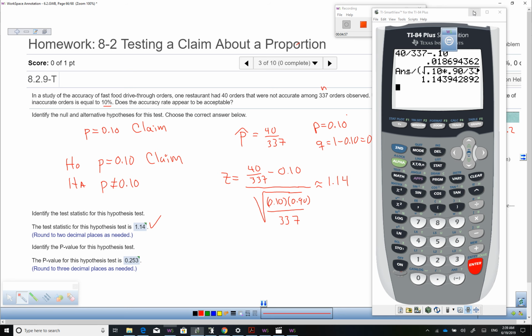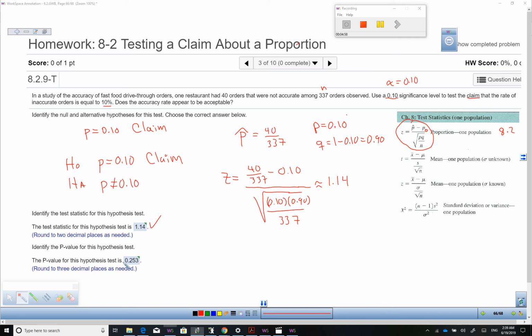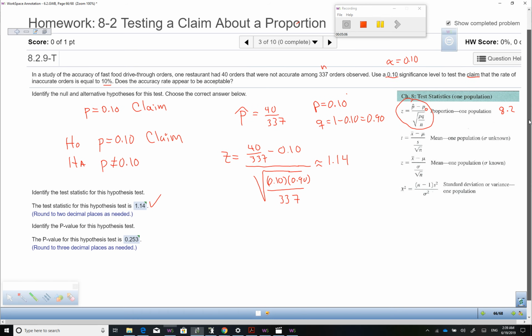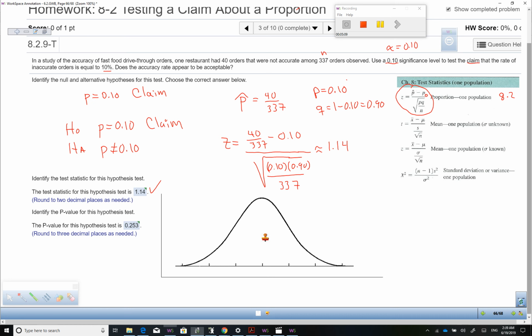Okay, the next part says identify the p-value for the hypothesis test. Well, this type of test corresponds to a double tail test because the alternative hypothesis has the symbol of different.